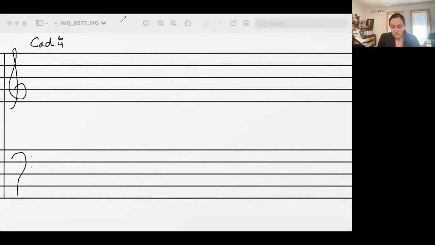So with cadential 6/4 chords, what you want is to make sure that you're always going to a dominant chord. The 6/4 chord comes on the beat. It's considered a dissonance that comes on the beat, and then we resolve into a dominant chord, and then the dominant chord actually resolves completely into another tonic chord.